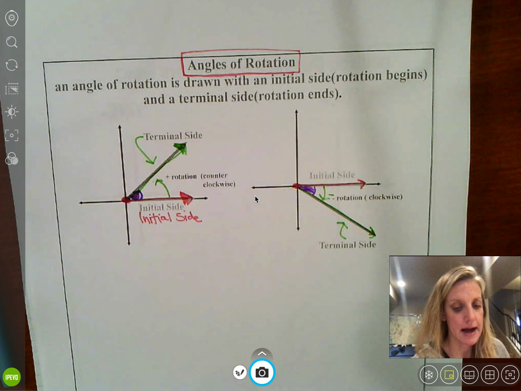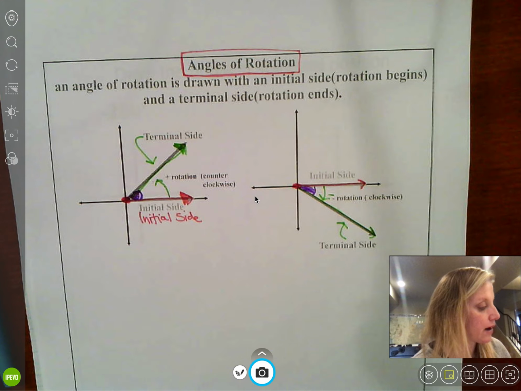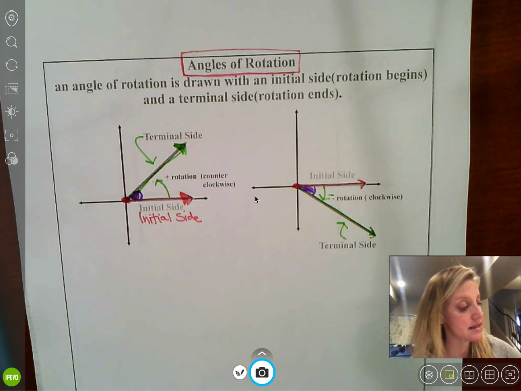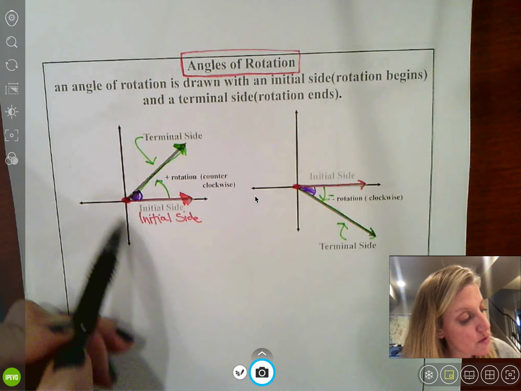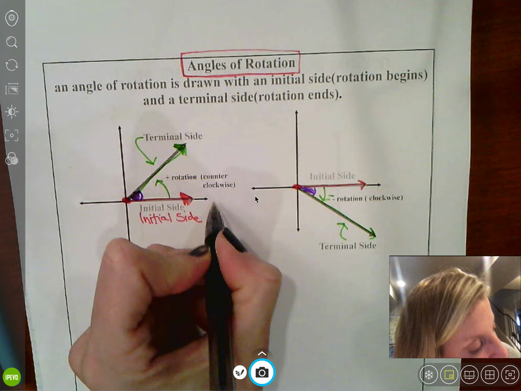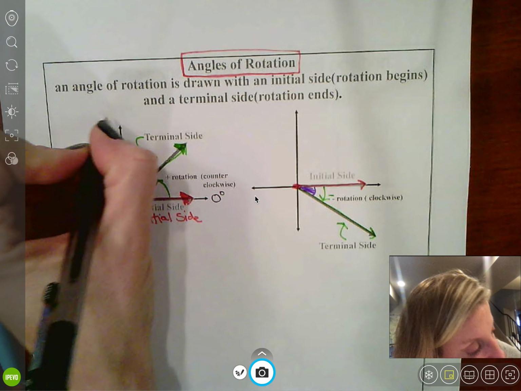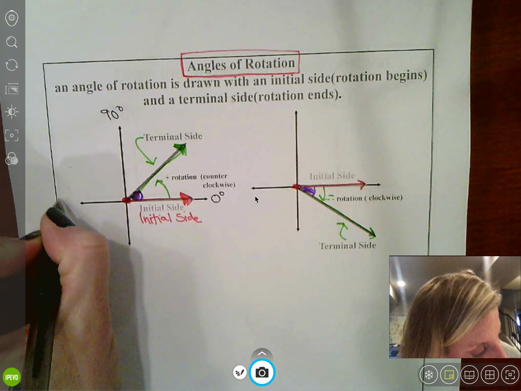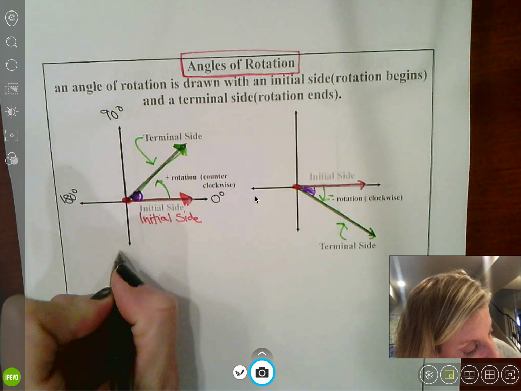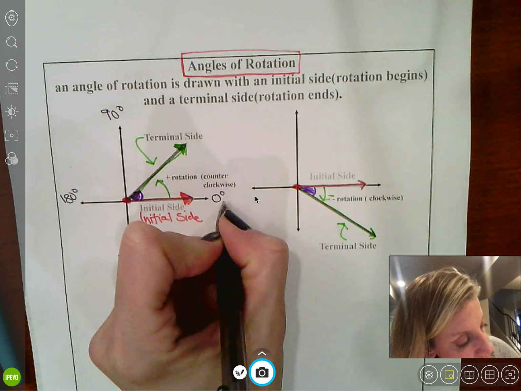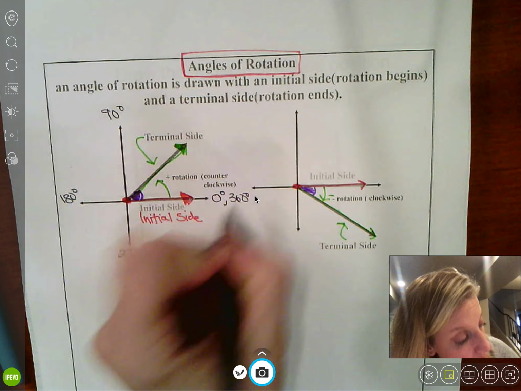All right. And then another thing to think about, going back to labeling these sides, is if we are going with a positive rotation, just like we did on that last slide, we'd have 0 degrees, 90 degrees, 180 degrees, 270, and 360.